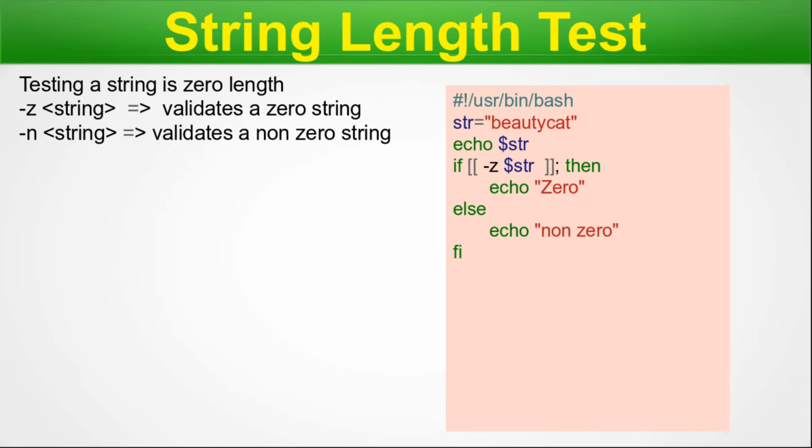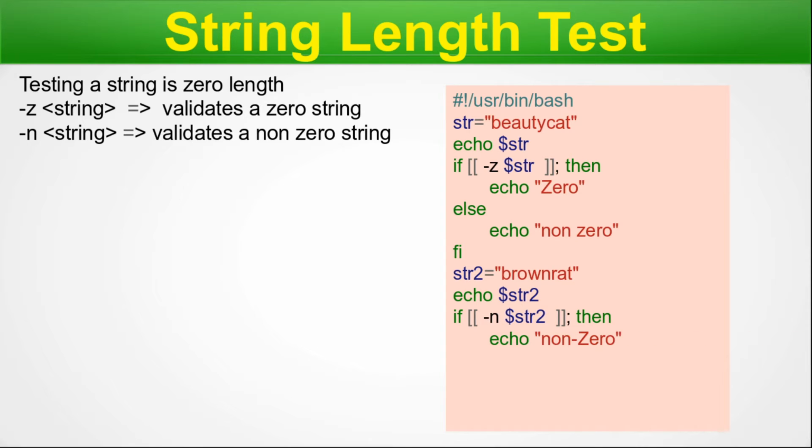So in the first case, the positive return will come if this string is validated as zero, so it will go to the if condition and print 0.